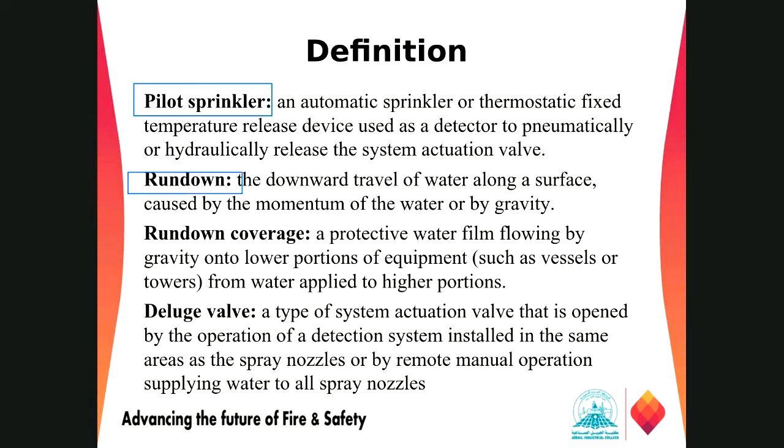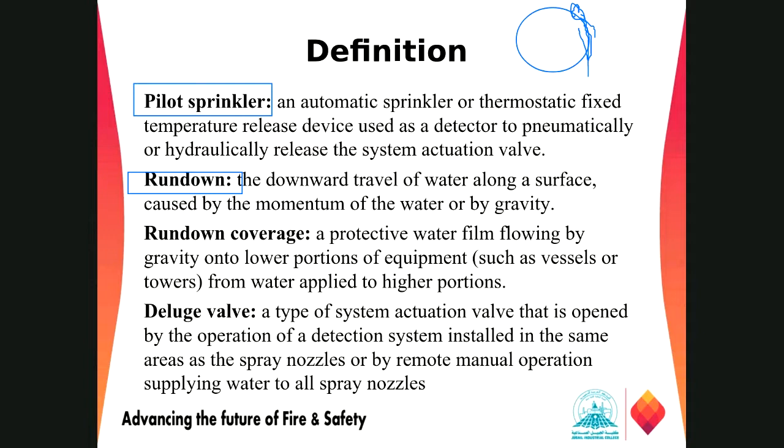Rundown means how water travels along a surface. If water is striking here, due to gravity, it sticks to the outer surface and then comes down to the floor. Rundown coverage is the protective water film flowing by gravity onto the lower portion of equipment such as vessels or towers when water is applied to the higher portion.